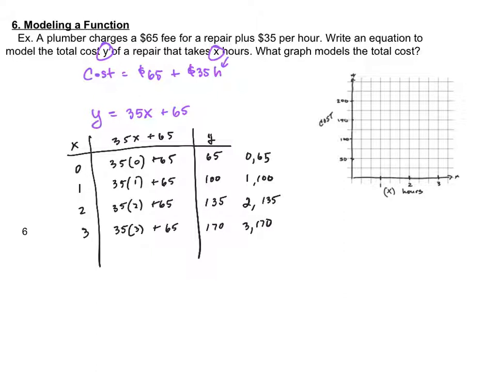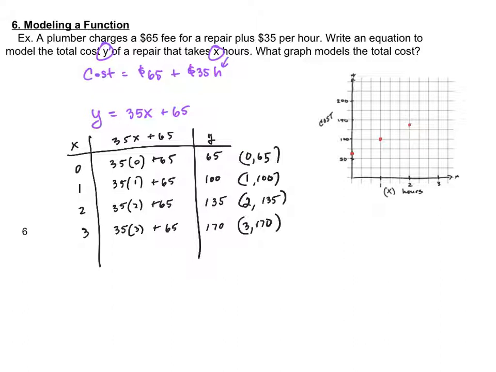And then I can graph those. I can probably do my slope. So I'm going to start off at 0, 65, somewhere about right there. Go ahead and change colors. I don't know if that's going to be good enough. 1 is at 100. 2 at 135 would be about right there.